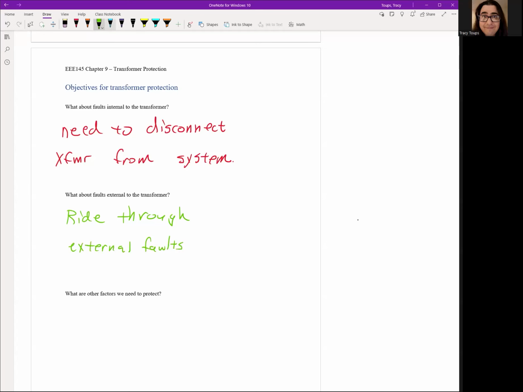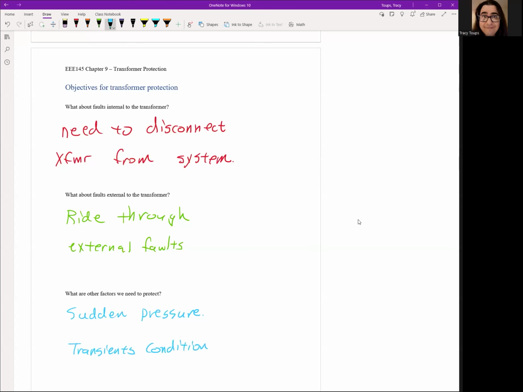What other factors do we need to protect against? We talked about sudden pressure. That definitely needs to happen. And another thing that's unique to transformers, because they're big devices, they're pretty much a gigantic inductor, with lots of magnetic coils that need to be energized, is that you have a lot of transient conditions.